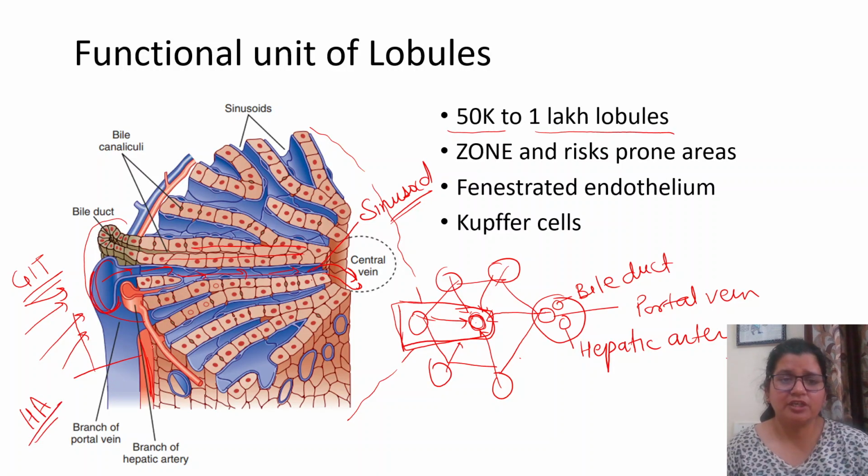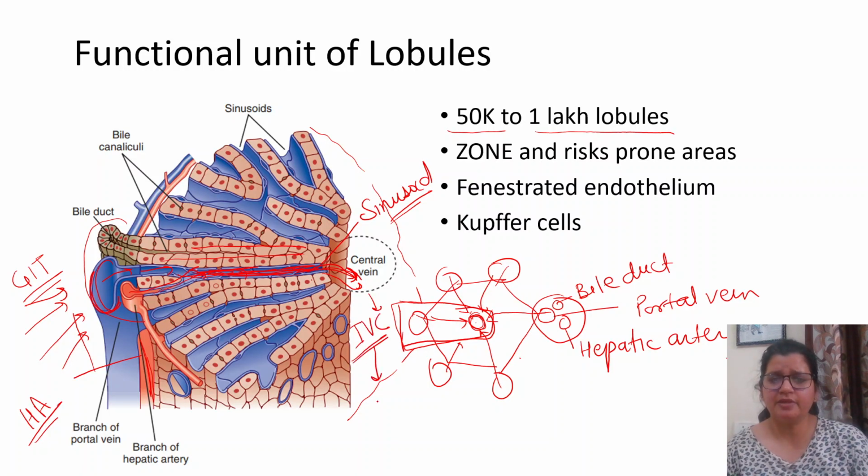So oxygenated blood is also coming at the same place, right? And this oxygenated blood is poured again into the sinusoids. So these sinusoids are filled with oxygenated and deoxygenated blood, and it is poured into the central vein to ultimately form the inferior vena cava, and that ultimately pours into the right atrium.